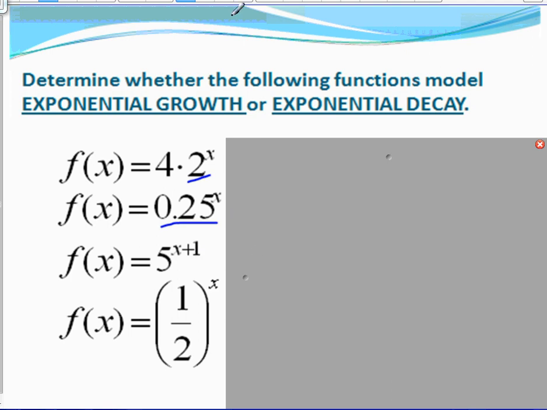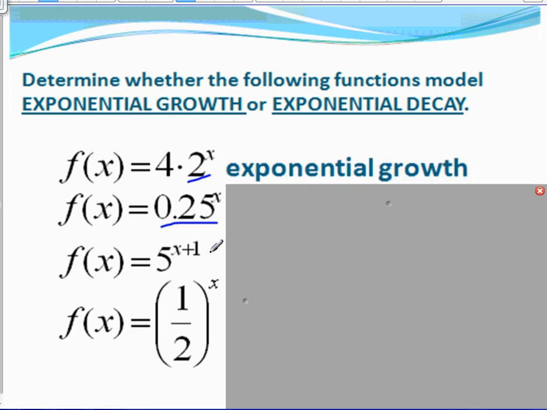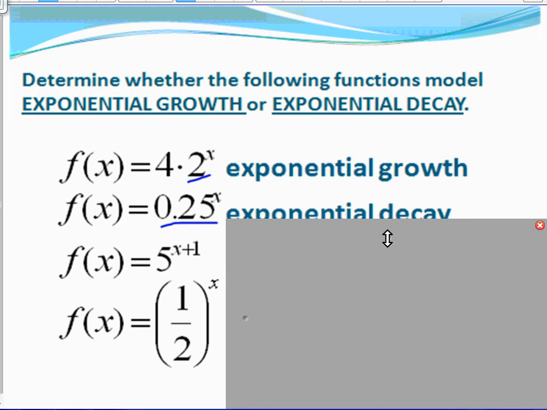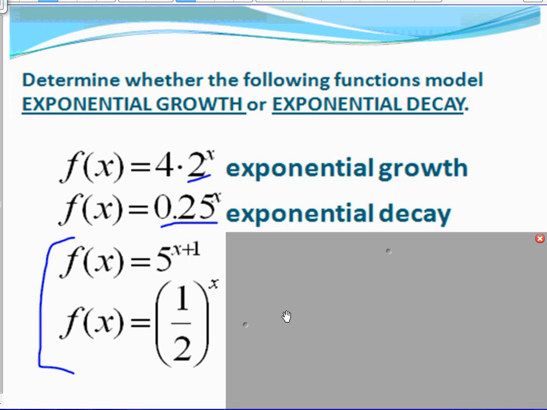And from there you can figure out whether it's an exponential growth or decay. In this case, because it's over 1, it's a growth. Because this is less than 1, it's a decay. So what I'd like you to do tonight in your WIS is do these two problems for me. Tell me whether they are exponential growths or exponential decays.